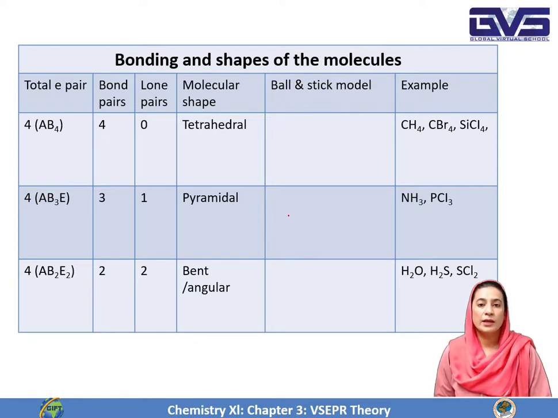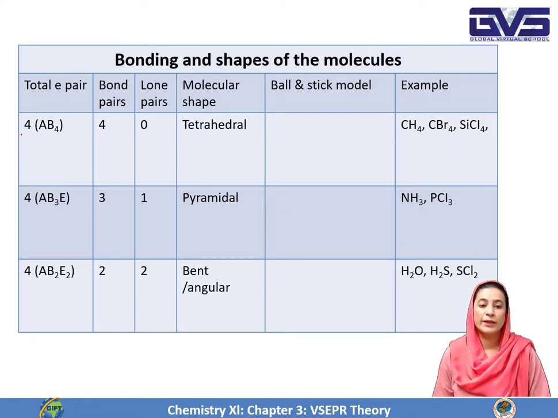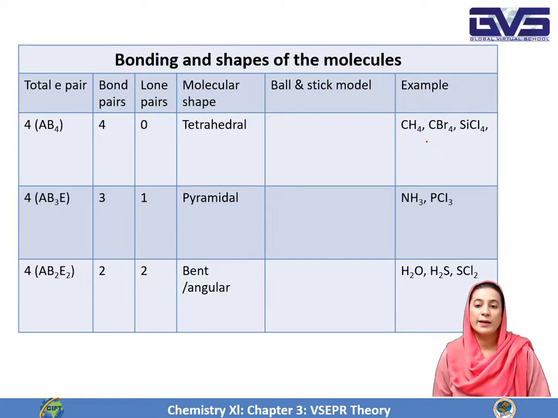Now we have a bigger molecule, a molecule that contains 4 electron pairs. First we have the option of molecules that have 4 electron pairs and all are bond pairs and there is no lone pair. Examples of such molecules are methane, carbon tetrachloride, carbon tetrabromide, silicon tetrachloride.